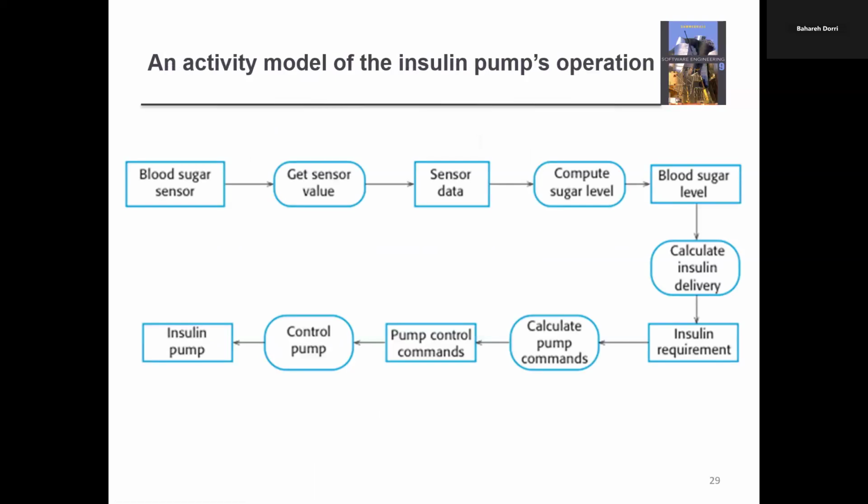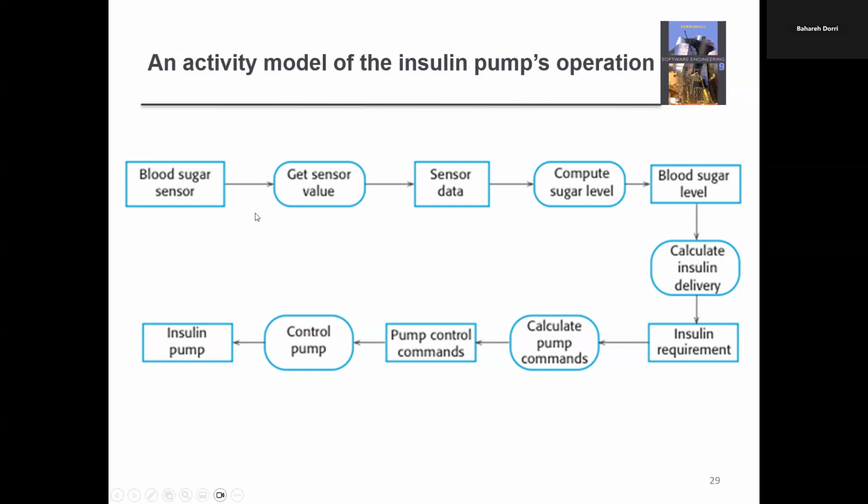This diagram is a great example of dynamic modeling. It shows how a system responds to input and processes data step by step. We are looking at an automated insulin delivery system, and the flow starts at the top left with the blood sugar sensor.